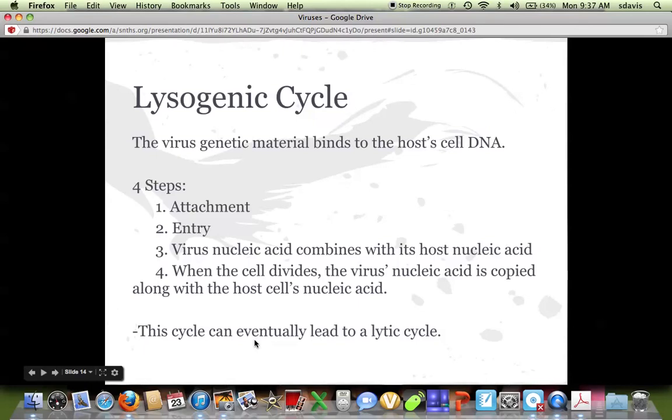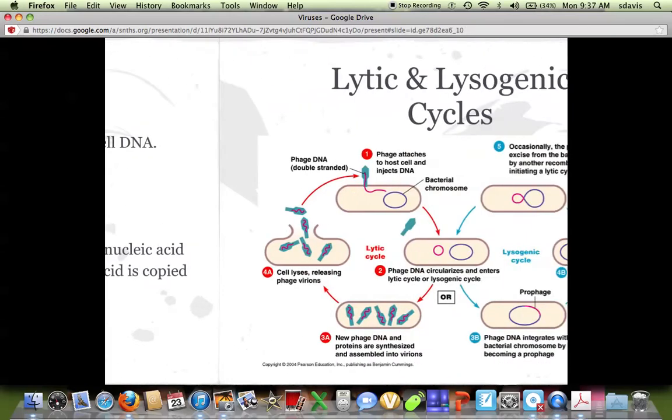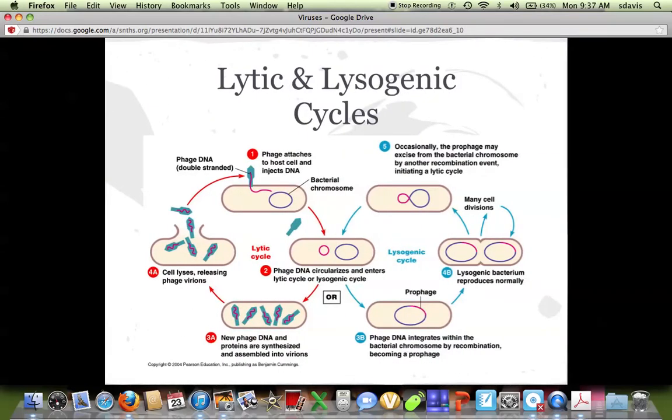And this cycle can also lead to the lytic cycle eventually, and you'll see that here in this image combining both the lytic and the lysogenic cycle. So if we go back to the lytic cycle, here you can see this whole process.